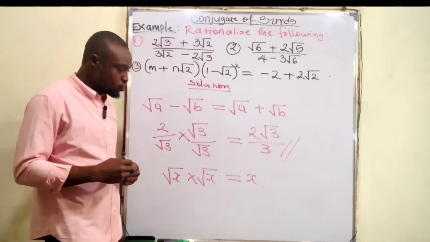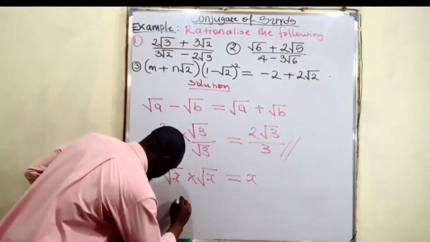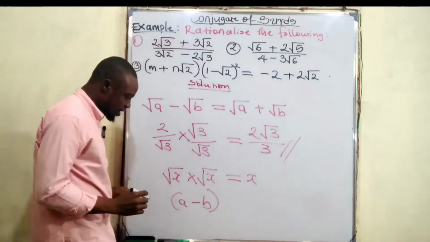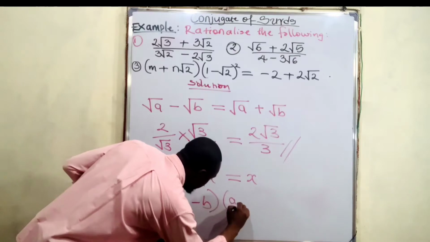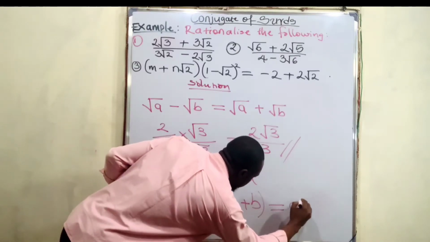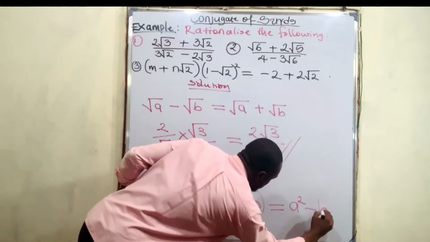If you recall, a minus b in a bracket multiplied by a plus b in a bracket is equal to a squared minus b squared.